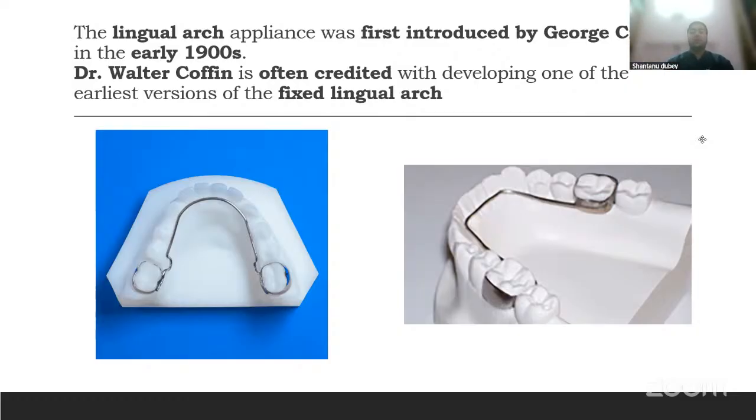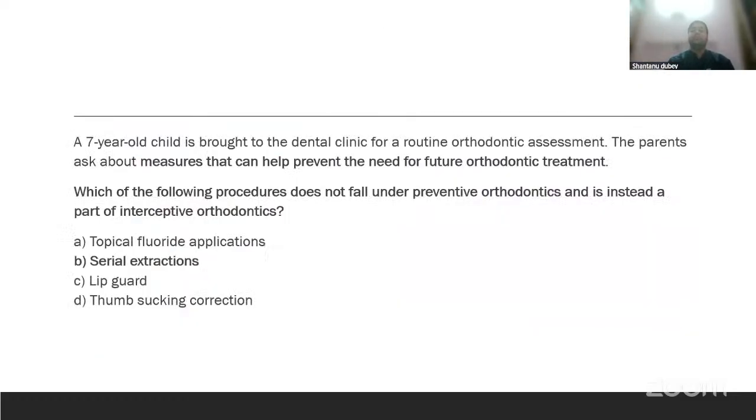Okay. Next question. A 7 year old child is brought to the dental clinic for routine orthodontic assessment. Parents ask about measures that can help prevent the need for future orthodontic treatment. Which of the following procedures does not fall under preventive orthodontics and is instead a part of interceptive orthodontics? The question has made it easier for you.